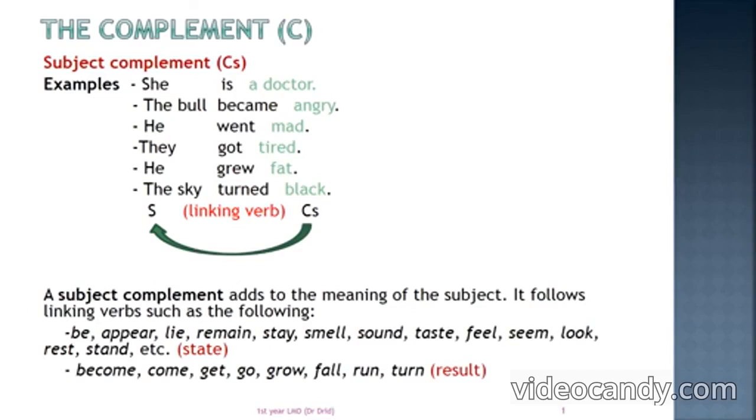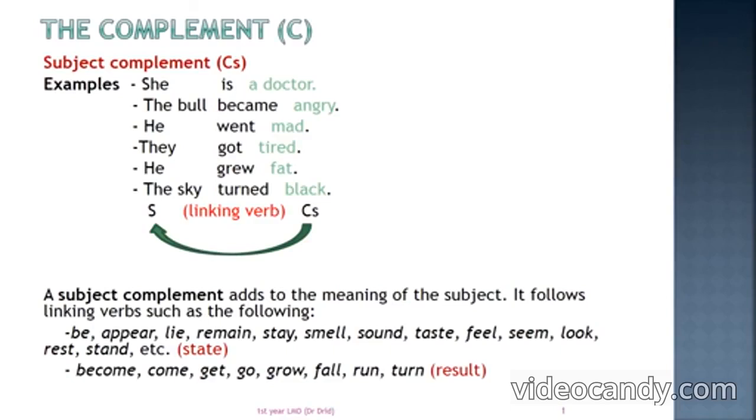There are two categories of linking verbs. They are listed here: to be, to appear, to lie, to remain, to stay, smell, sound, taste, feel, seem, look, rest, stand.